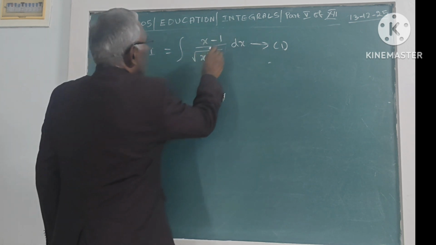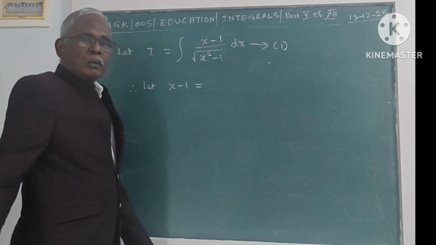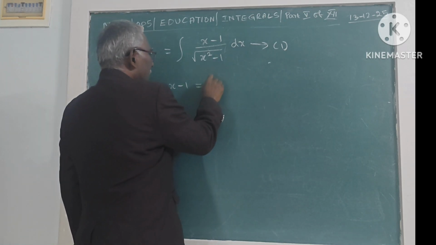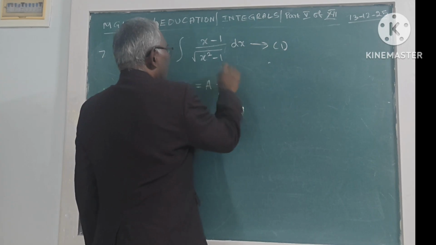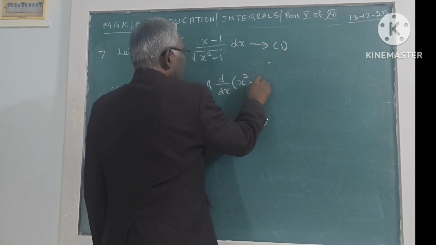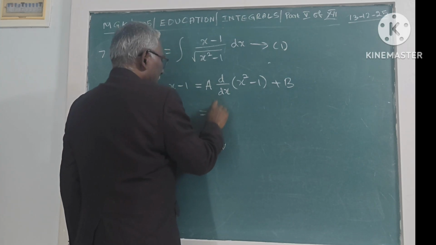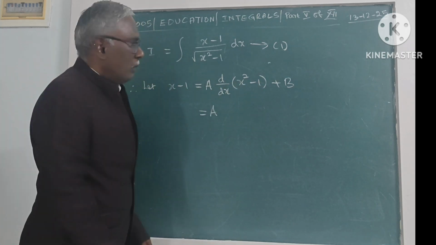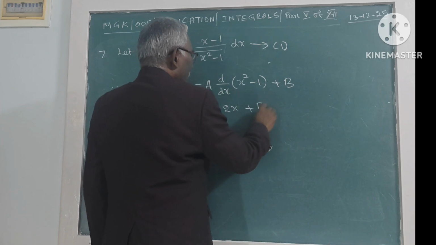Let the numerator x minus 1 be equal to a times the differentiation of x square minus 1, plus b. So a times we differentiate, what we are getting? 2x plus b.